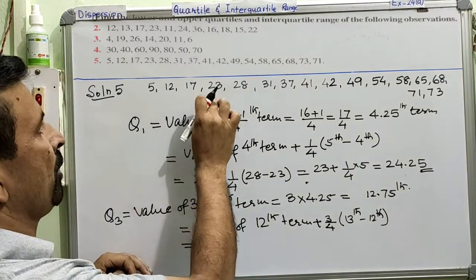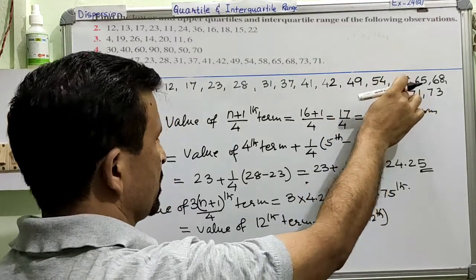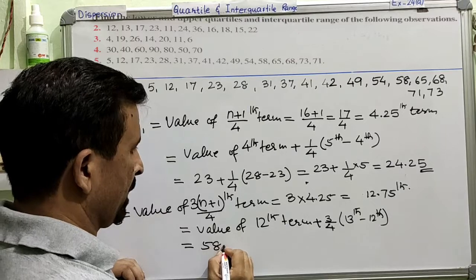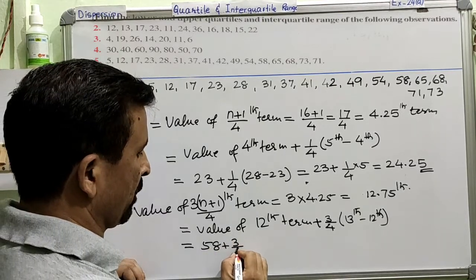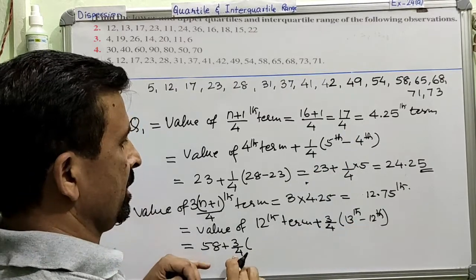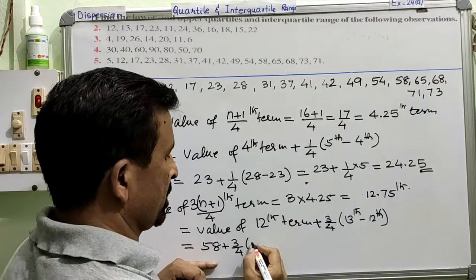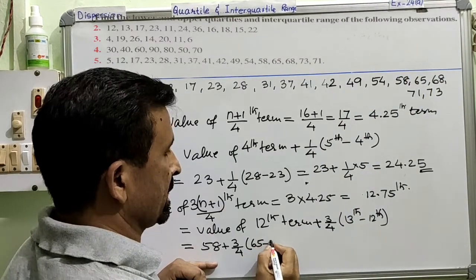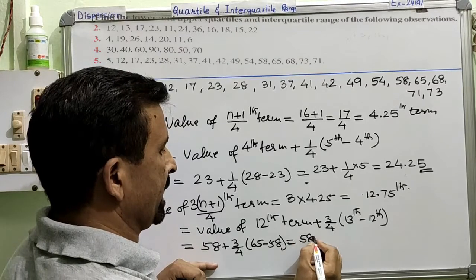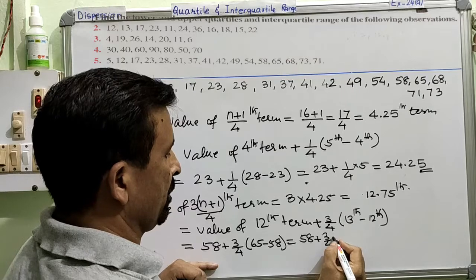Now the value of 12th term is how much? 1, 2, 3, 4, 5, 6, 7, 8, 9, 10, 11, 12. 12th is 58. This is 58 plus 3/4 into, now this is 12th, 58, and 13th will be 65. So 65 minus 58. This is equal to 58 plus 3/4 into what?